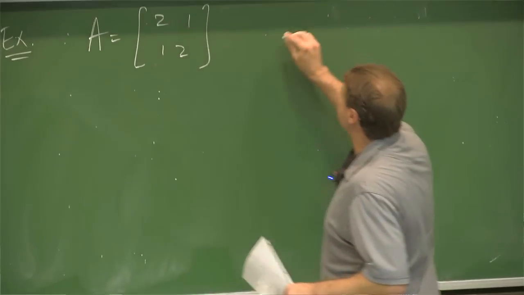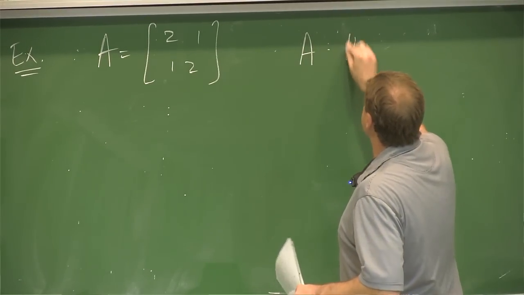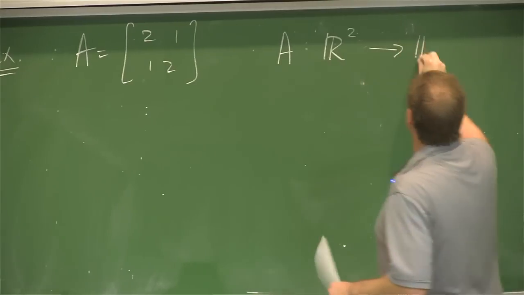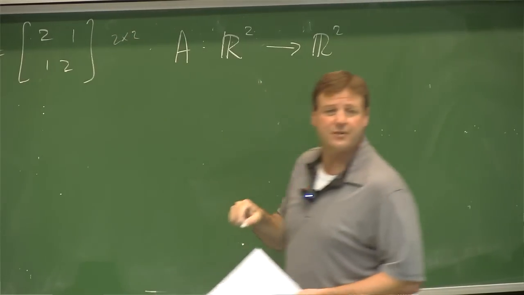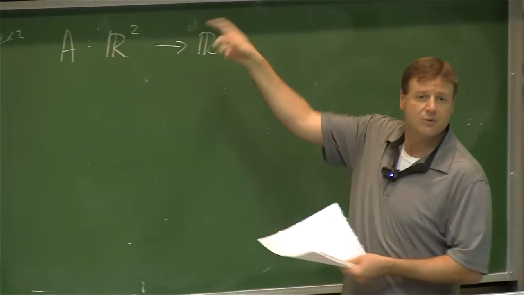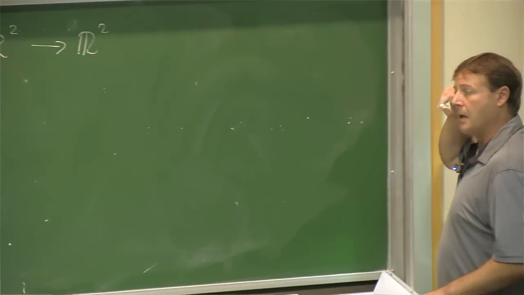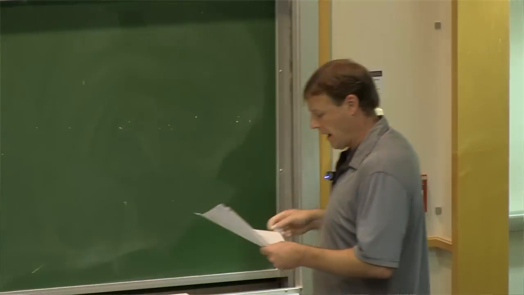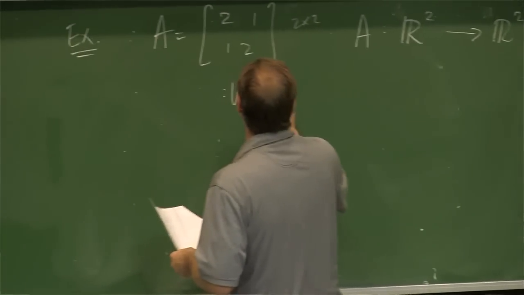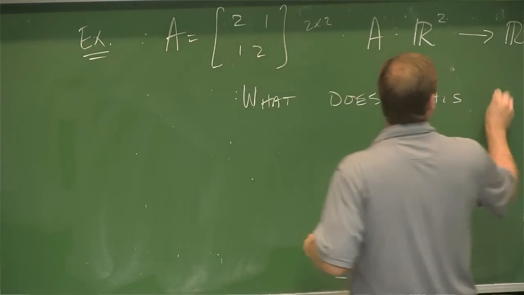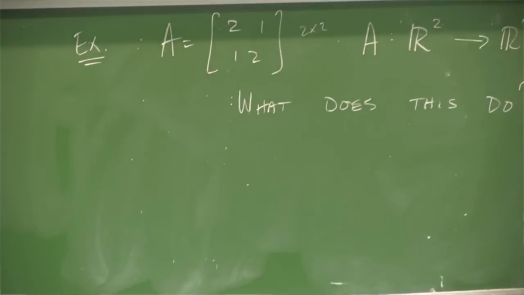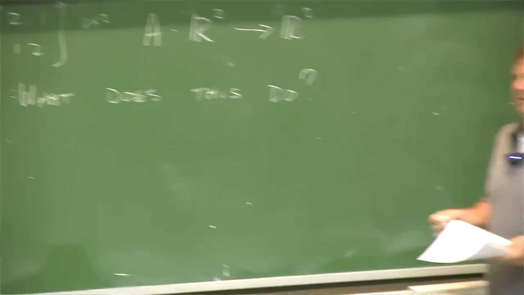Okay, well, let's write this down as a function. It's a function from R2 to R2. I immediately can see that because I know this is a 2 by 2 matrix. Because there's a 2 and a 2, I got to have a 2 and a 2 there. Let's find out what this graph does.